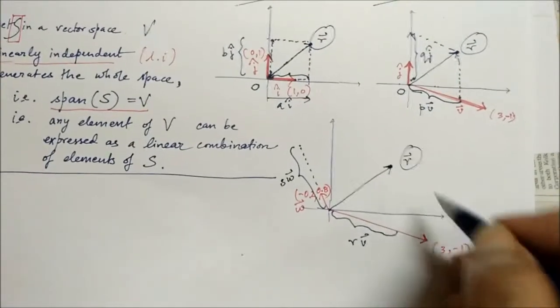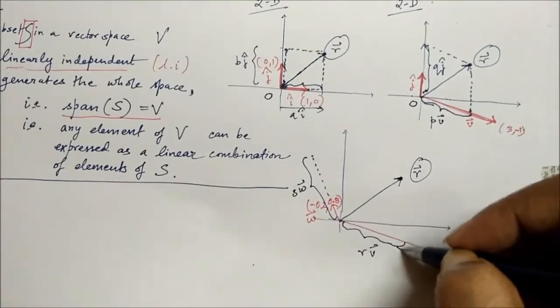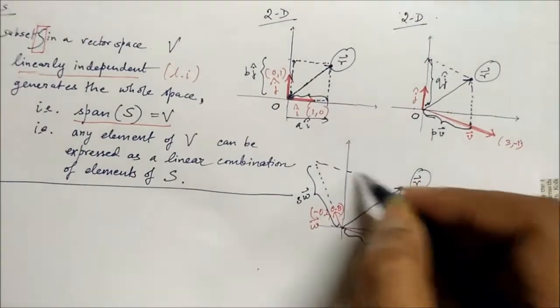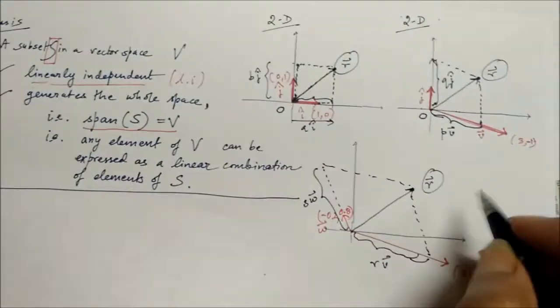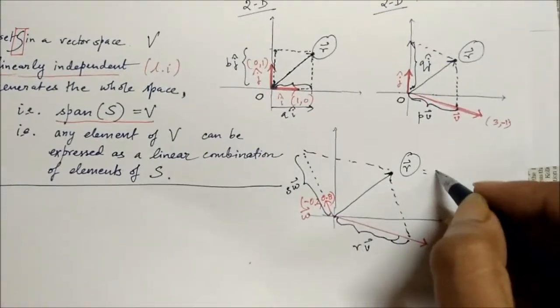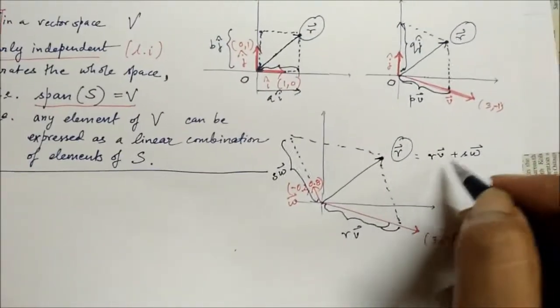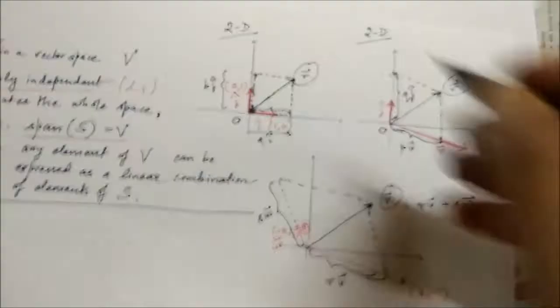So now when you consider the parallelogram law, maybe you will get something like this. So if you add these two vectors, clearly r can be written as r v cap plus s w, right? So it's something like this.